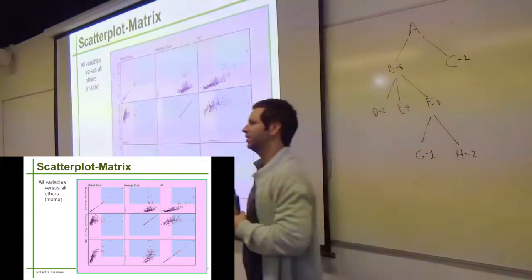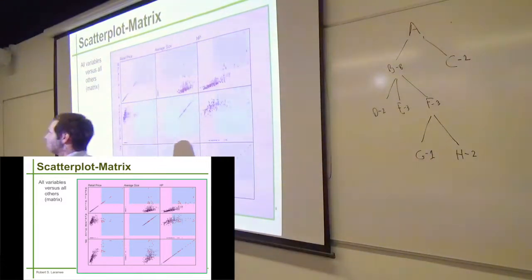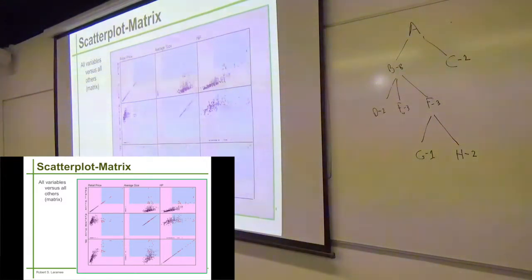Question in the back? How often is this useful, considering that you're trying to show 3 scatterplots? You only care about average size versus price versus horsepower, and horsepower versus size. Sure. What is your name? Hamel. Very good question. Is this useful? Was that the question?